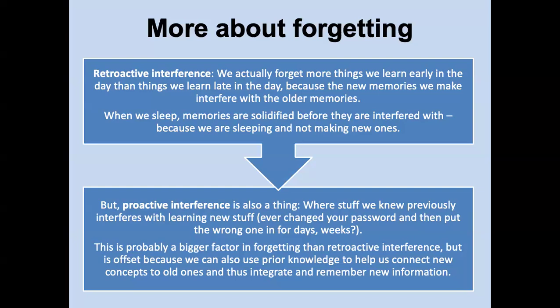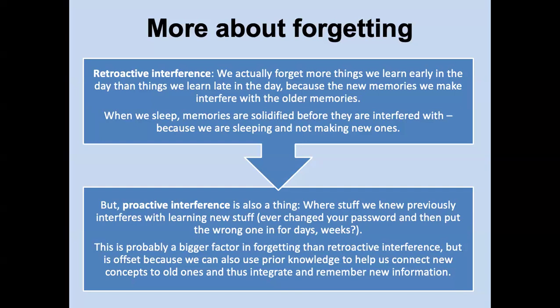So anyway, there's another type of interference. It's proactive interference. So it's about things that we knew already, and these are interfering with learning new things. I think the password is a really good example of this. If you changed your password and then you keep smashing in the old password, that is a really good example of proactive interference.